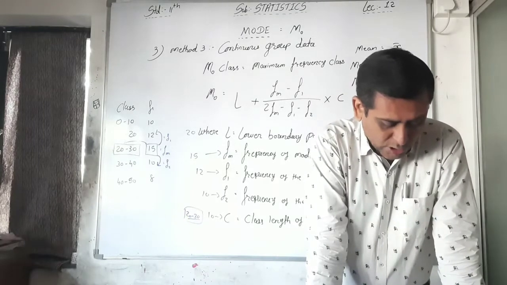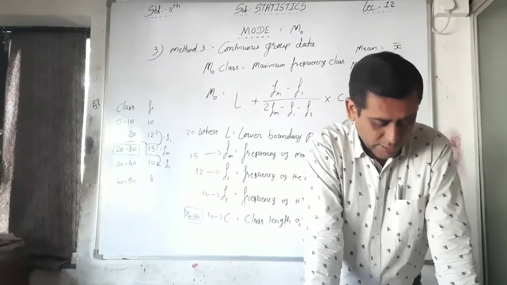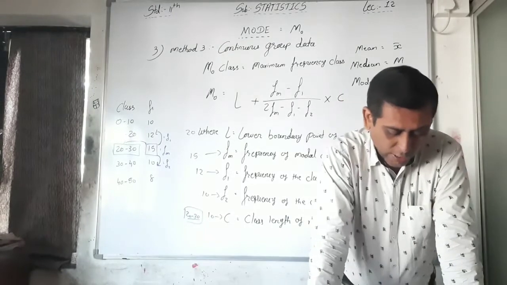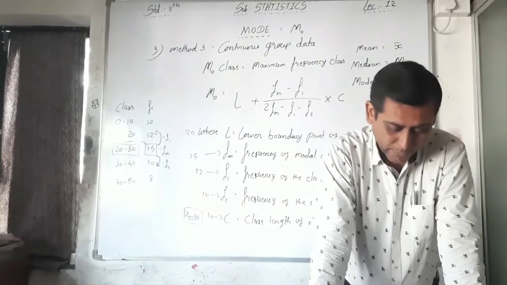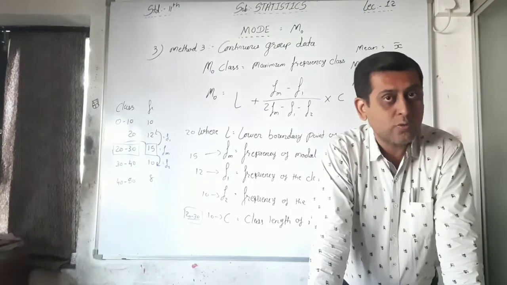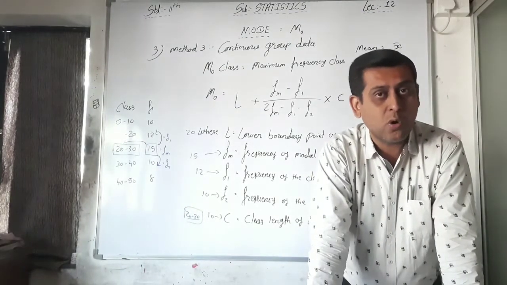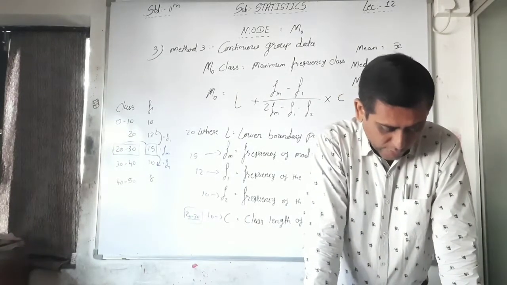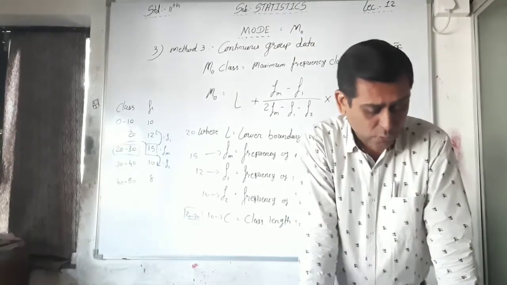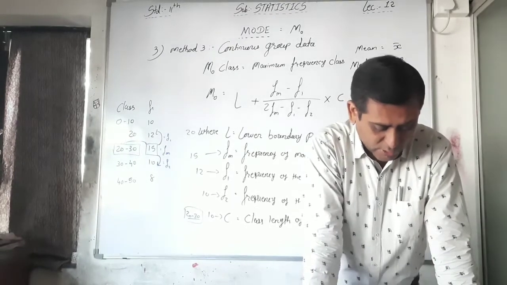We continue with illustration number 33. I am reading the illustration. The following table gives output of workers in a factory. Find the modal output. Whenever the word modal or mode appears, you have to find the mode. Output, number of items, 150 to 160, 160 to 170, and so on.